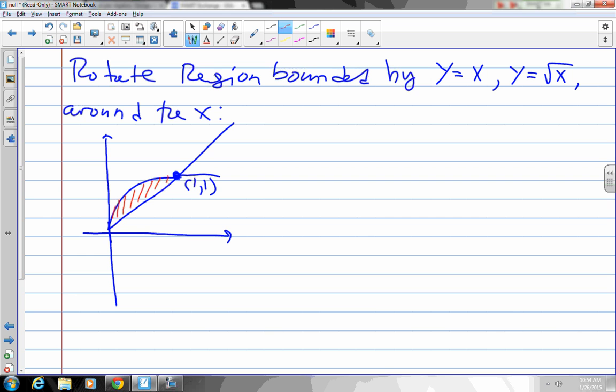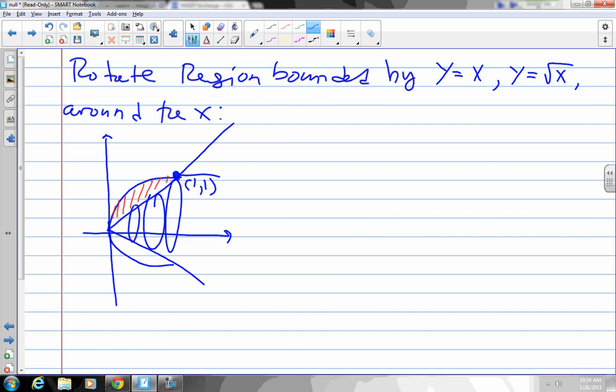So if we rotate this thing around the x, we'll get this type of a thingy. Is that okay? So we can do it both ways.